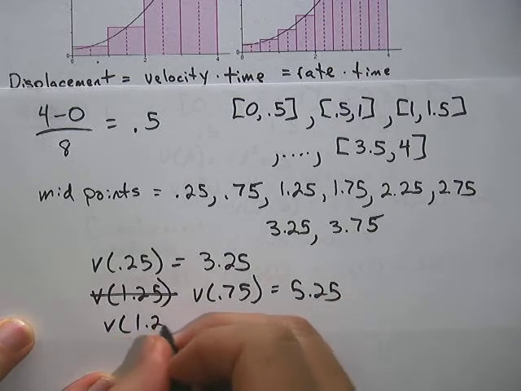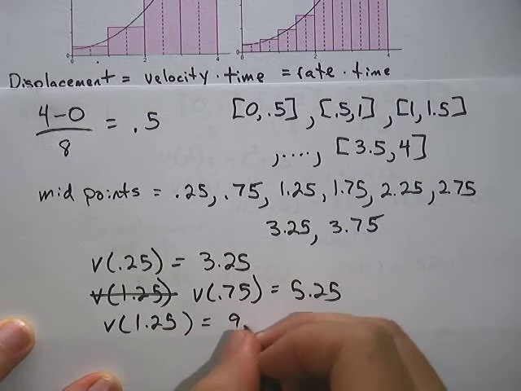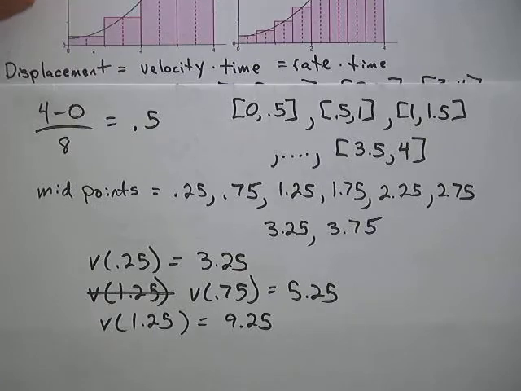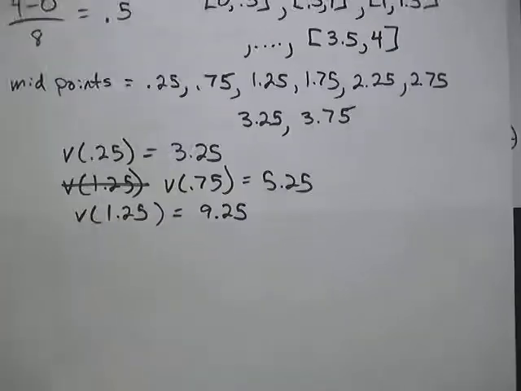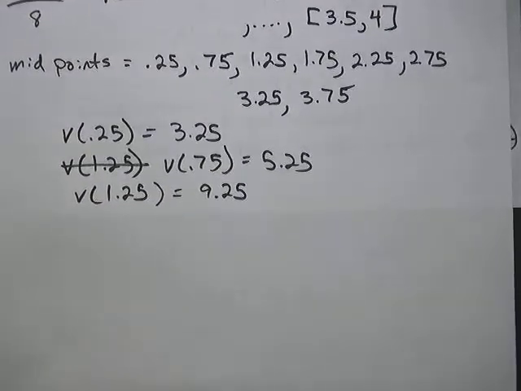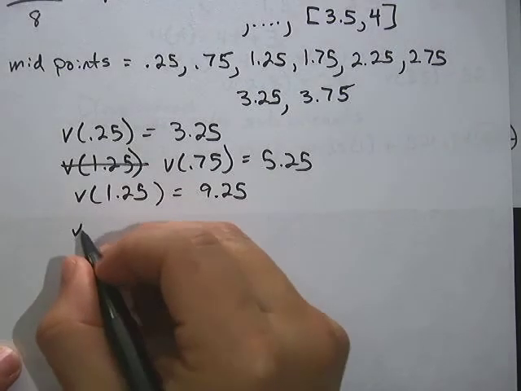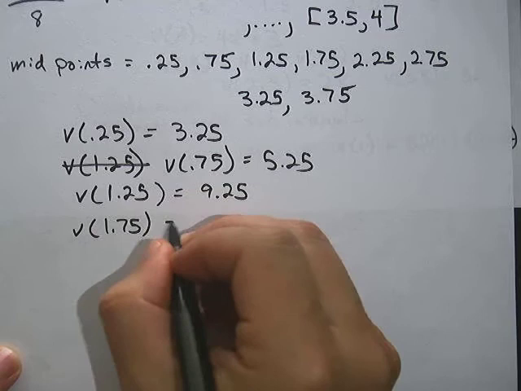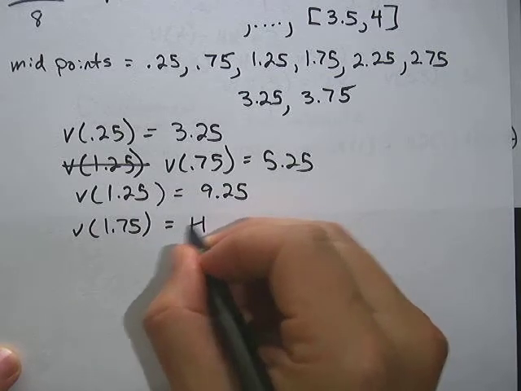V of 1.25 is equal to 9.25, and so on and so forth. Actually, I do need to write them all down, so let me go ahead and write them all down. So 1.75 is equal to 15.25.